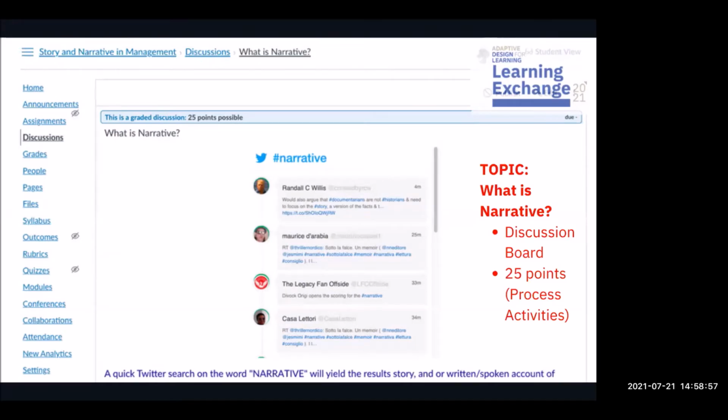And by the way, if you notice, you can embed Twitter entries in Canvas. So you can check it out then. It updates when a student opens it, showing the latest tweets about narrative.